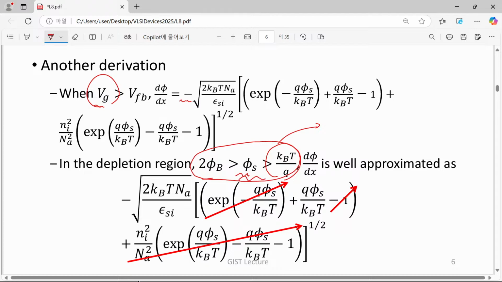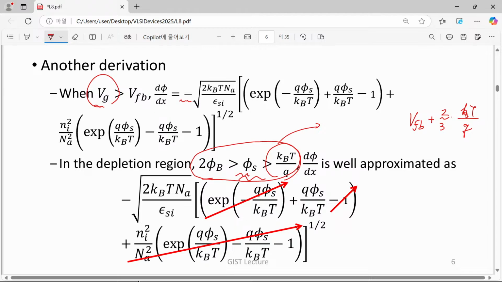If we apply, for example, flat band voltage plus 2 over 3 times kBT over Q, then we can easily achieve this condition.